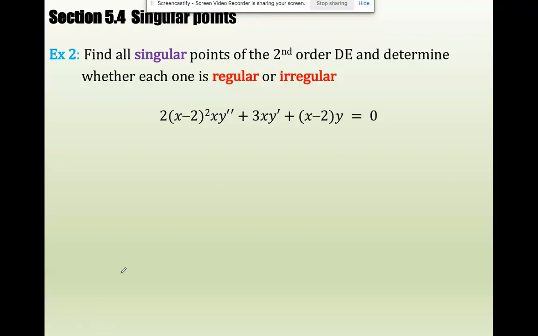This one was a little more complicated because look at the function in front of y double prime. That's my p of x.